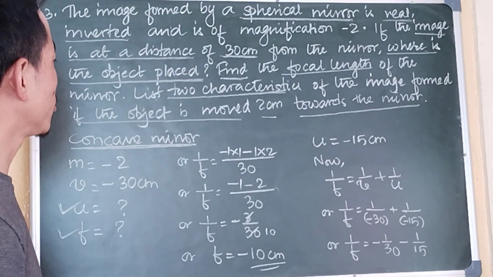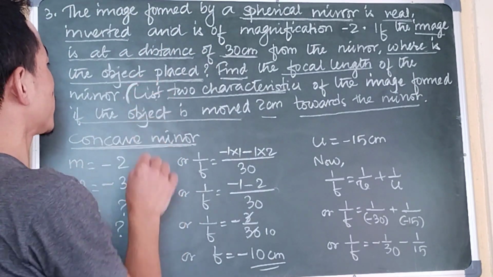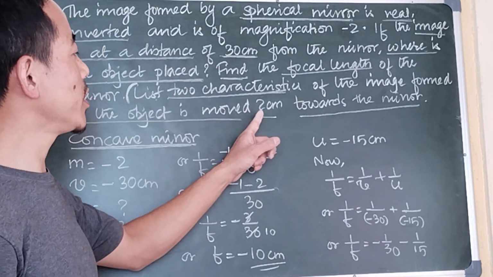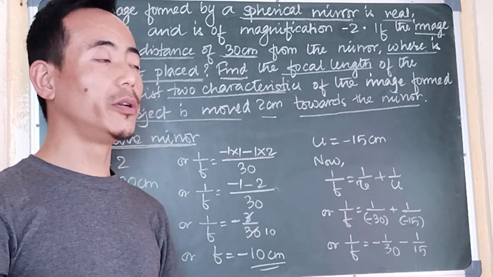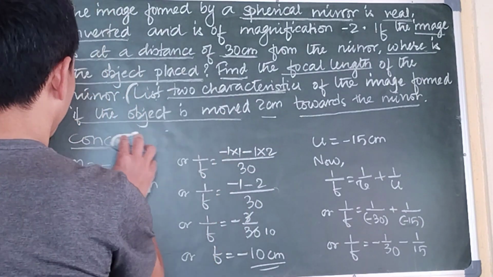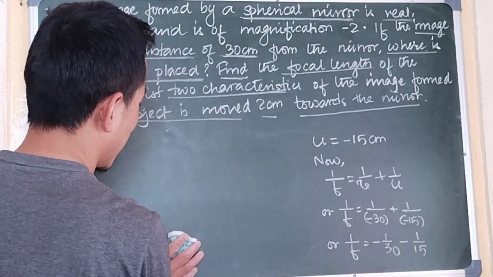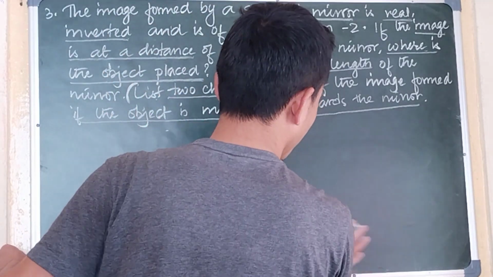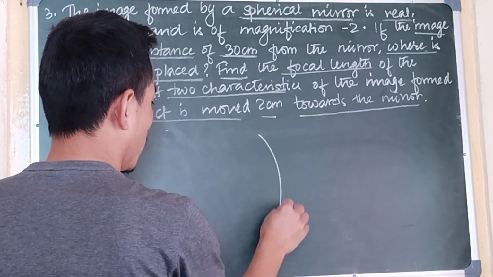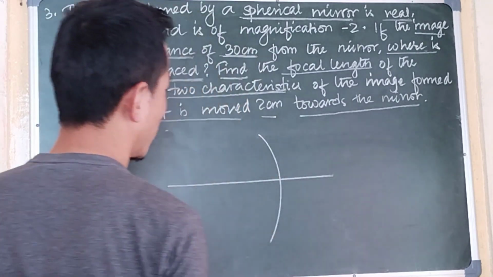Now there is an additional question which says you have to list any two characteristics of the image if the object is moved towards the mirror by 2 centimeter. For that you have to understand the diagram here. Here we have a concave mirror.